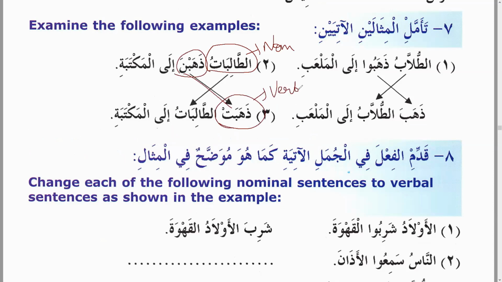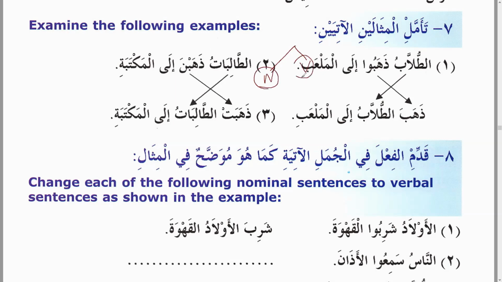We learned that there are two types of sentences: one is nominal, which starts with a noun, and another is verbal, which starts with a verb.